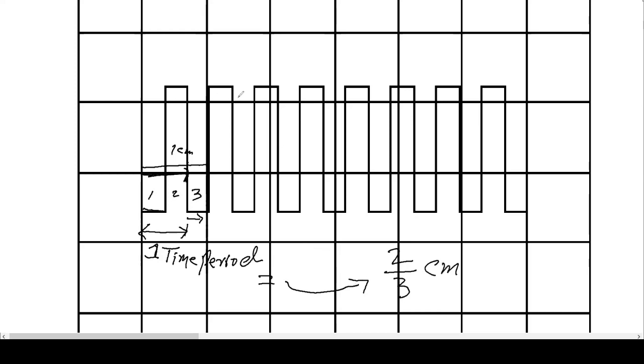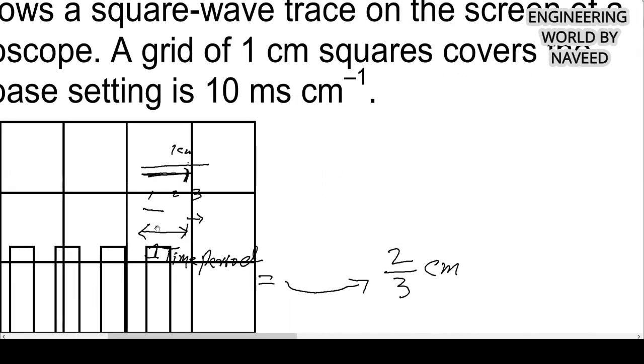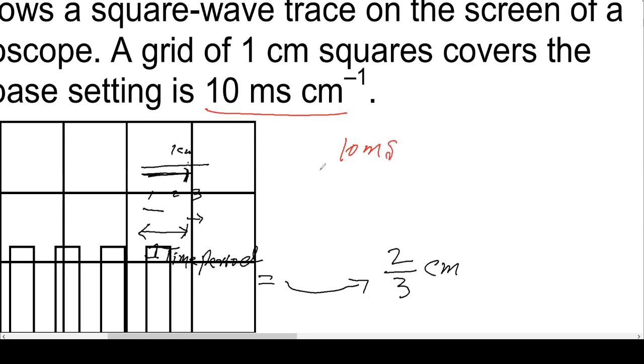Now the time scale is 10 millisecond per centimeter, and we need to find the time. One time period covers this much length.